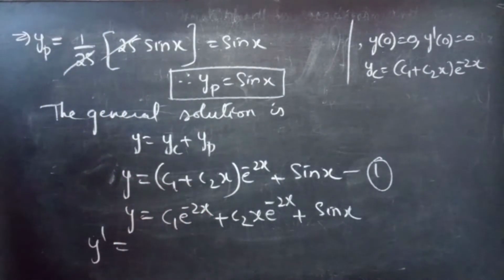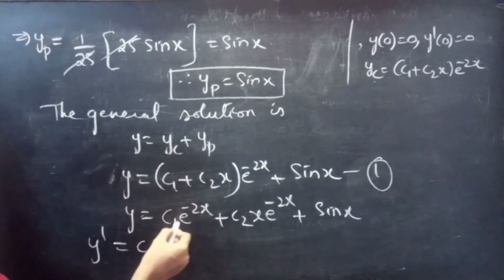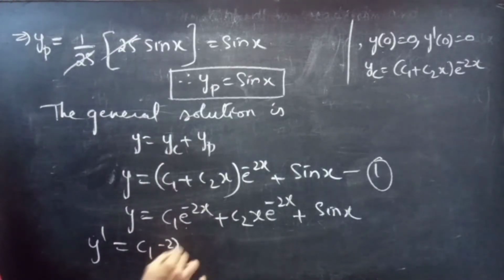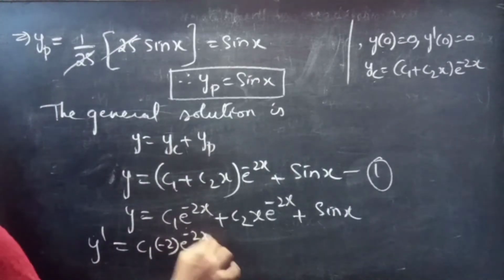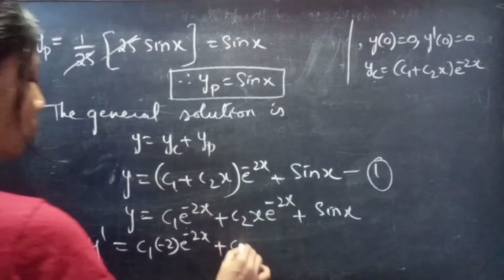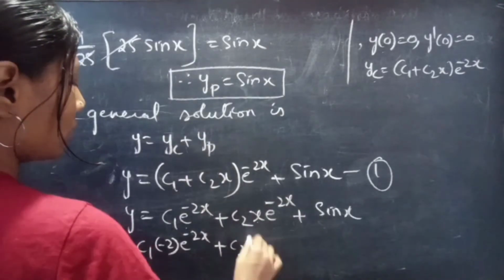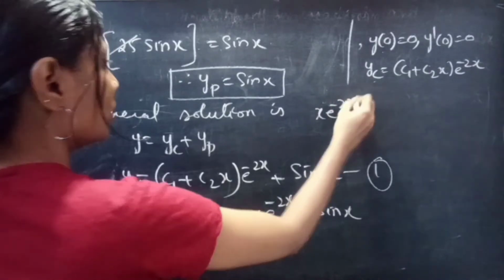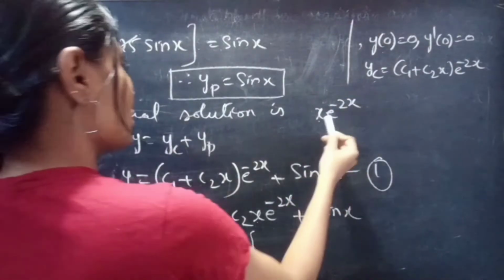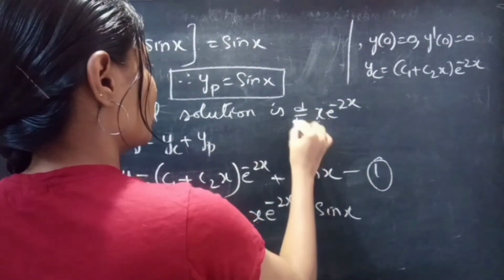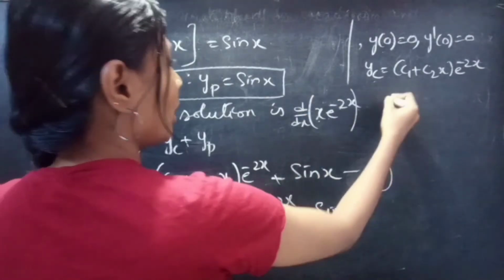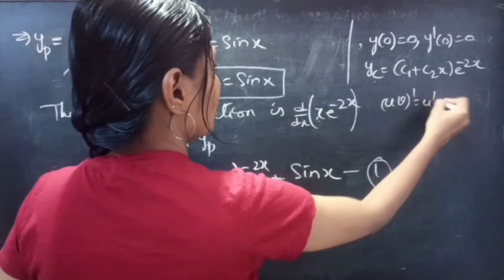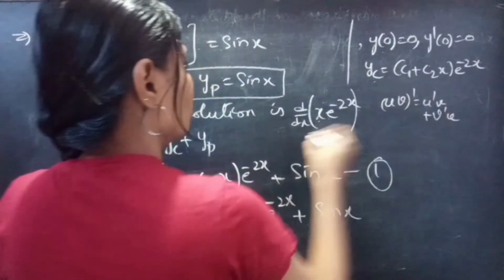Derivative of y is c1 into constant into derivative of e power minus 2x, which is minus 2 into e power minus 2x, plus c2 into derivative of x e power minus 2x. To find the derivative of x e power minus 2x with respect to x, we can use the uv whole dash formula, which is equals to u dash v plus v dash u, right?